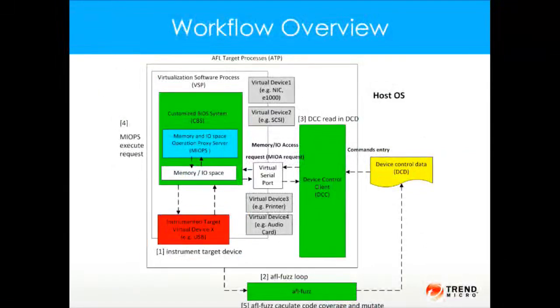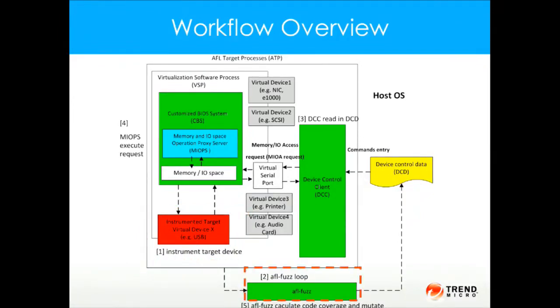Okay, let's see the workflow step by step. At the first step, we will first instrument the target devices of the virtualization software. For example, the target is the USB-related software, virtual devices.